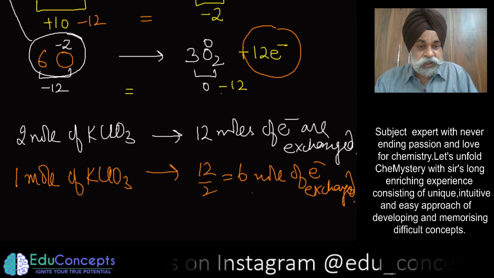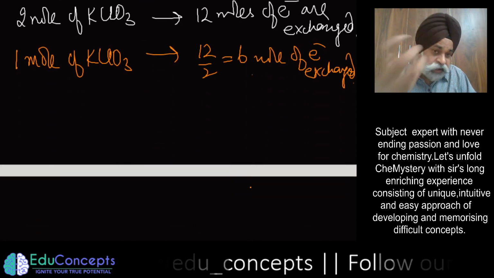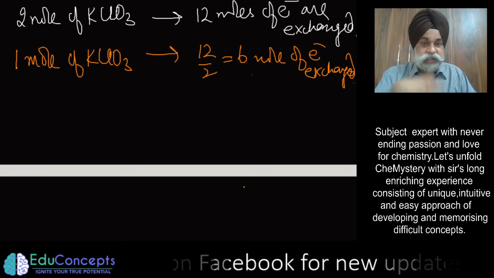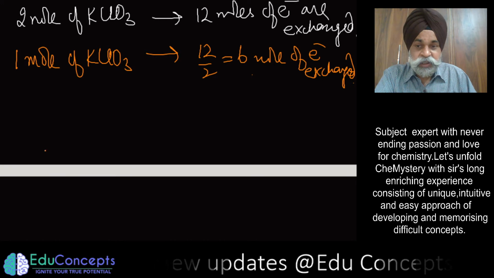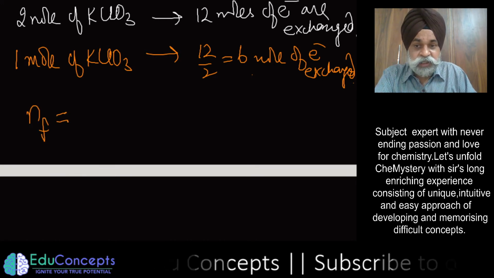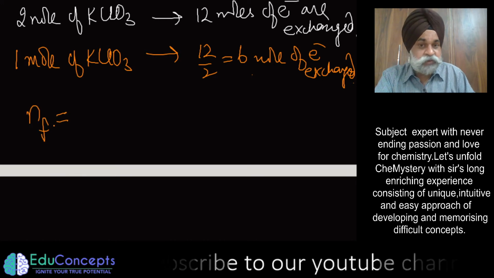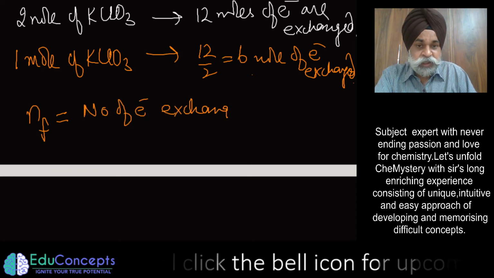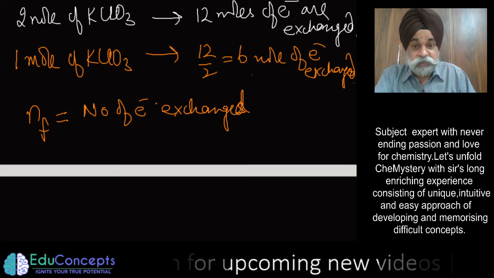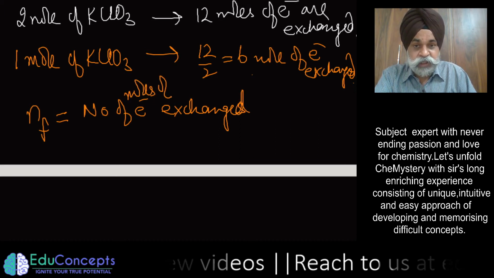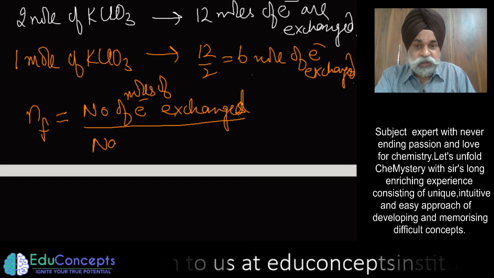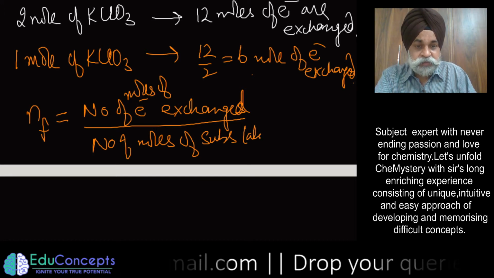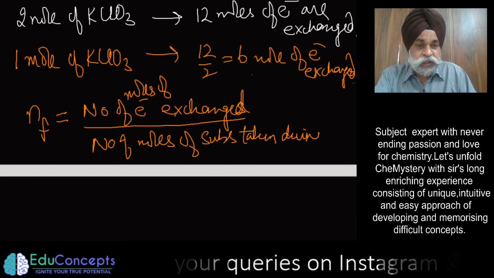And in this particular case, where within the same molecule something is undergoing oxidation and something is undergoing reduction, we will say the n factor for this type of species could be found like this: number of moles of electrons exchanged upon number of moles of substance taken during the reaction.